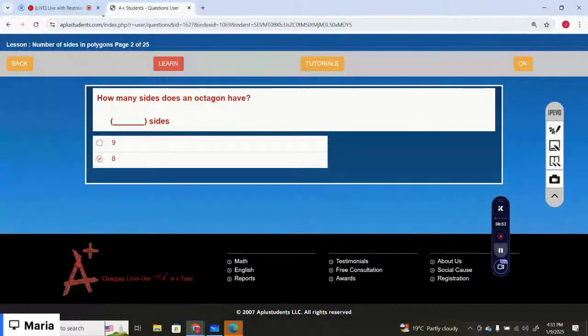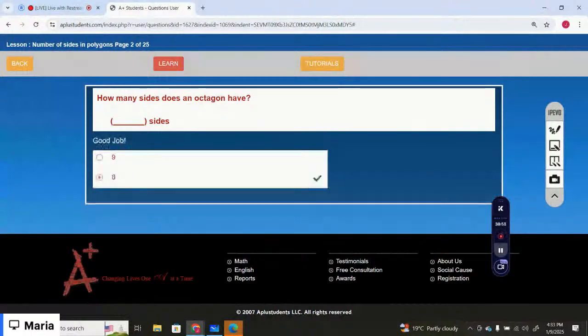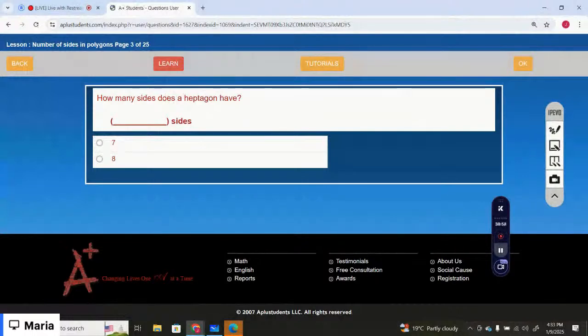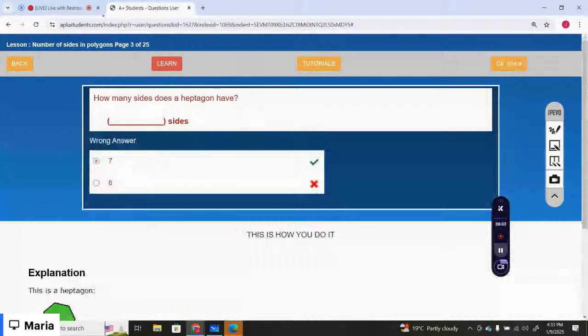An octagon has eight sides. A heptagon has seven sides, not eight.